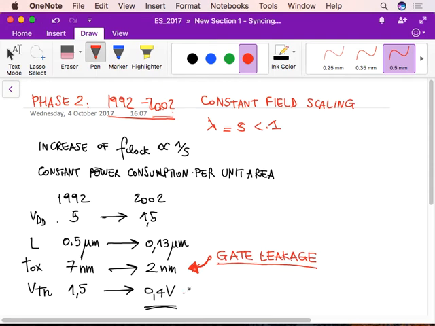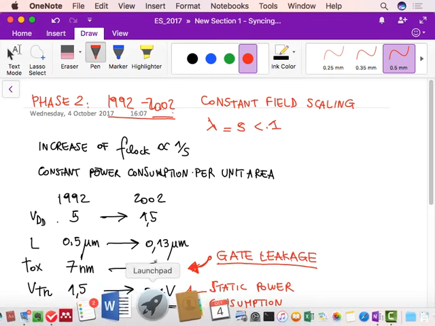And the second problem was that the threshold voltage was too small, so static power consumption increases. You remember, the static power consumption depends exponentially on minus VTN. Until this point, you can discard the static power consumption, but then you cannot decrease this part anymore. And this is the problem.